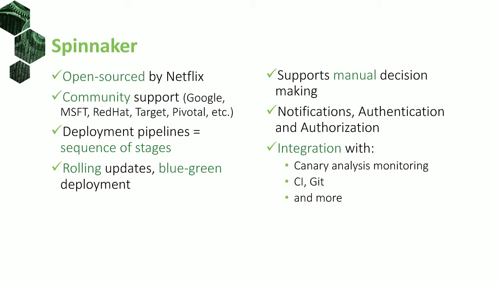So Spinnaker is a declarative tool. You define your pipelines as a set of steps or set of stages where every stage does one specific action, right? So you may have a stage of building a Docker container, even though we would recommend doing it outside of Spinnaker in Jenkins.